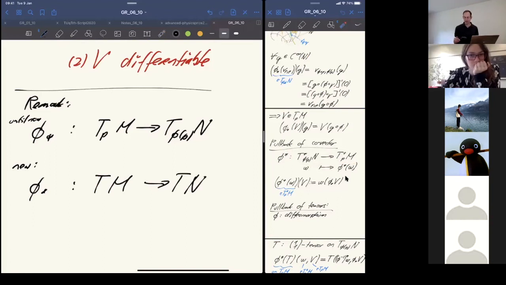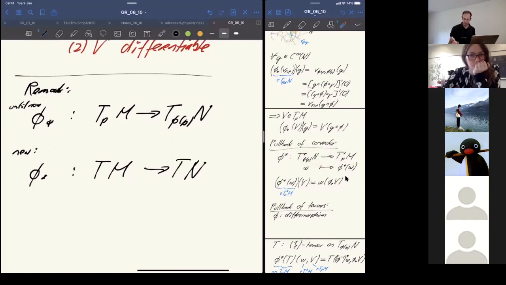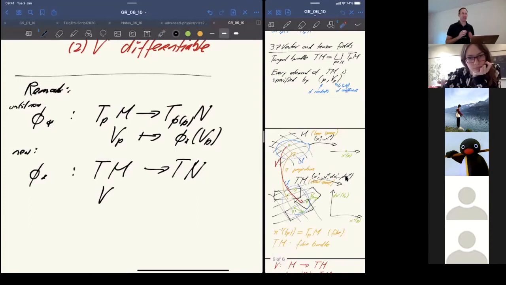And of course, it's still defined in the same way. So it's just pointwise. It took a vector v at the point P and mapped it to some other vector, which we called phi star applied to v at P. And now you see why I called the map itself v, because the vector field is really described by the map v. The map v is essentially a definition of a vector at any point. Maybe you shouldn't even think of it as a map, because when you think about fields in electrodynamics, for example, you just thought about a vector at any point.